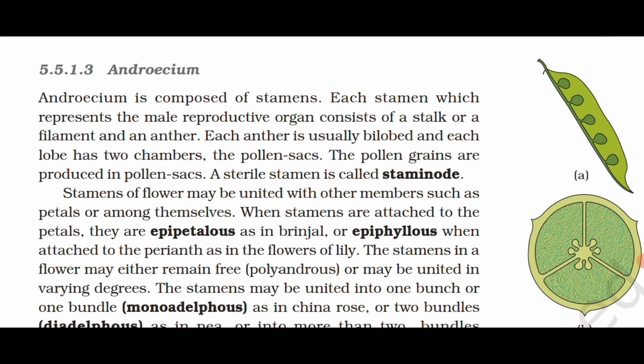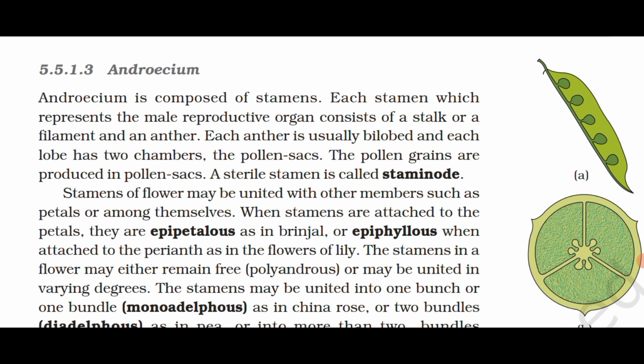5.5.1.3 Androecium. Androecium is composed of stamens. Each stamen, which represents the male reproductive organ, consists of a stalk or a filament and an anther. Each anther is usually bilobed and each lobe has two chambers, the pollen sacs. The pollen grains are produced in pollen sacs.